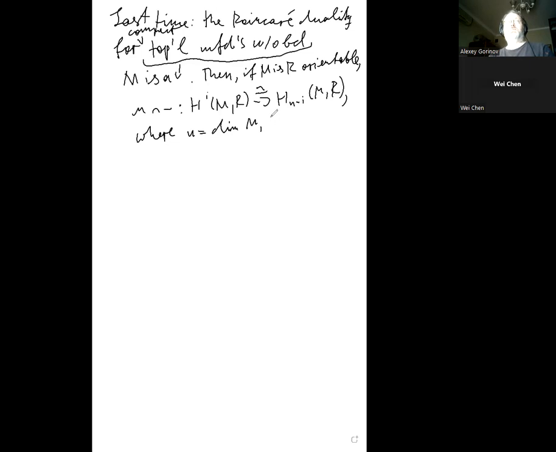R is a ring, and mu is a generator of the top homology group.